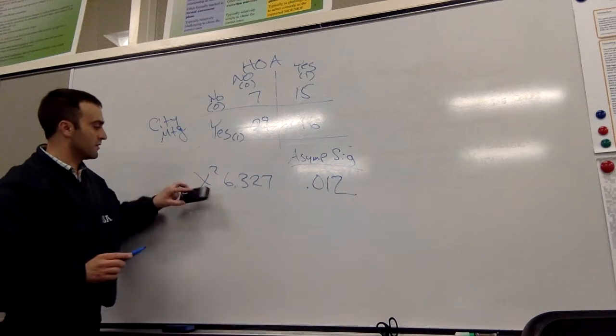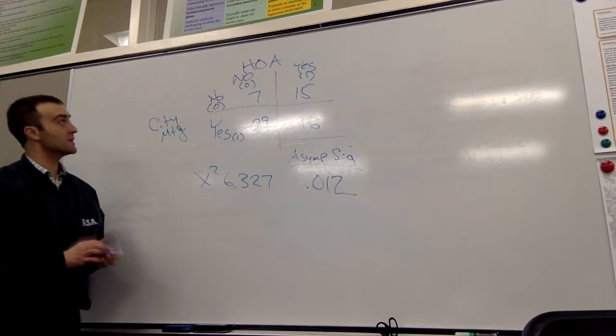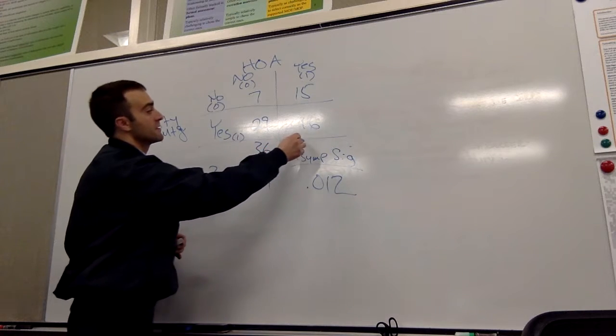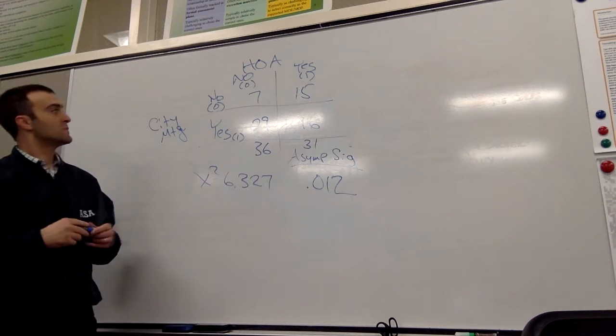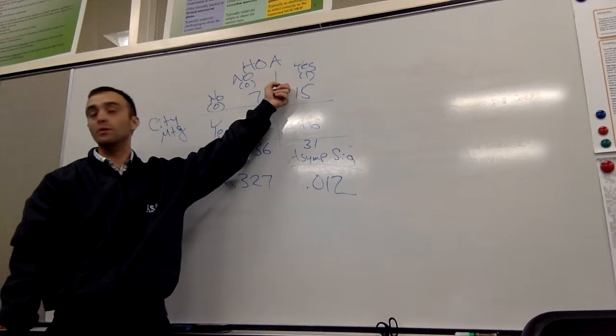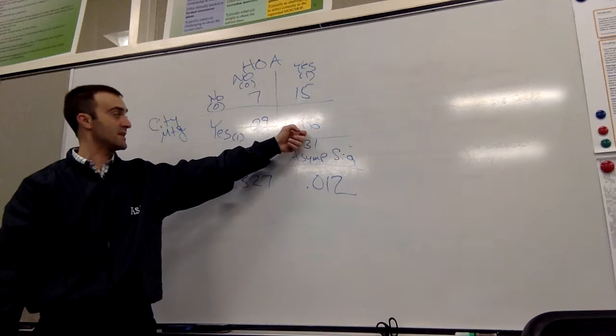So this is looking at whether or not homeowners associations are more or less likely to attend city meetings. The total is 36, 31. So the HOA neighborhoods, they're coded 1, so 15 say no, we don't go to city meetings. 16 say yes, we do.